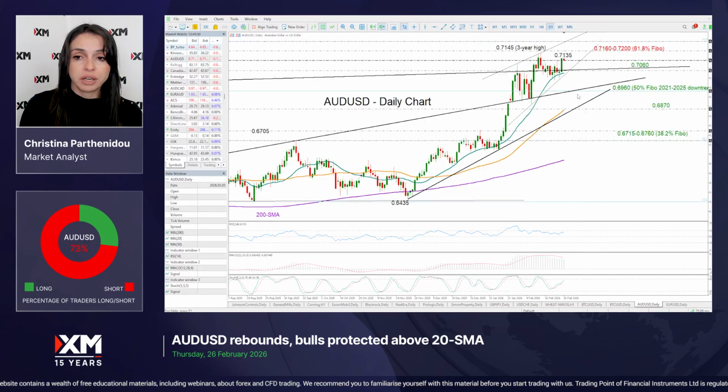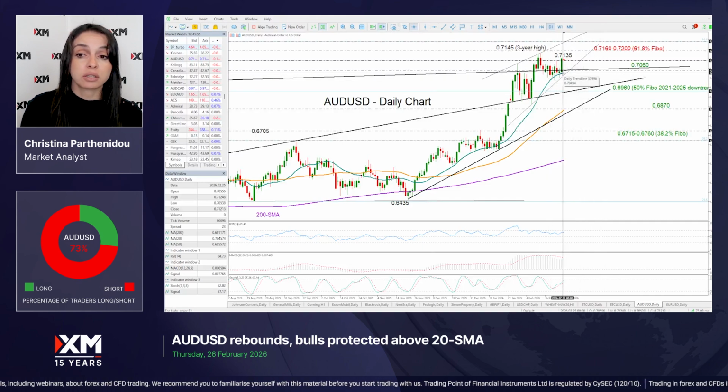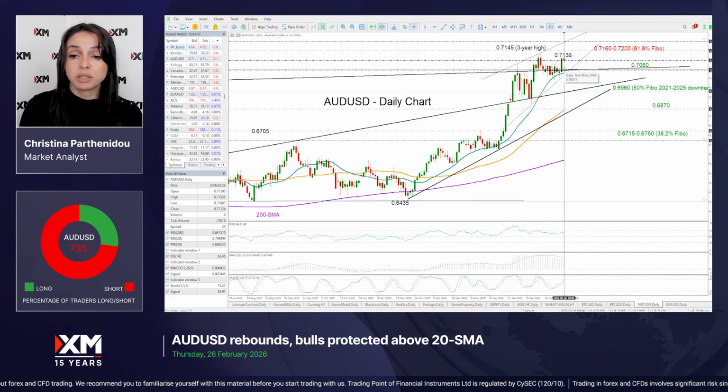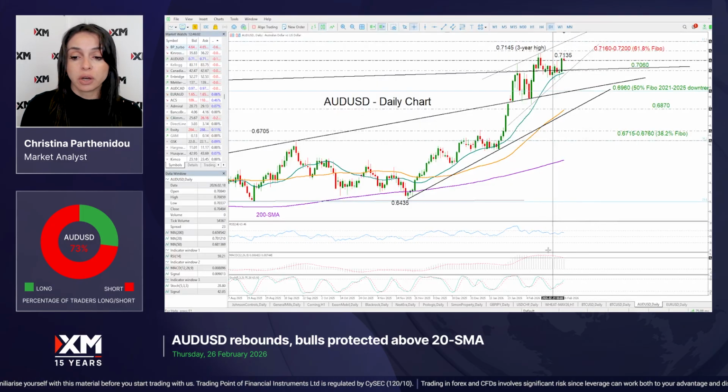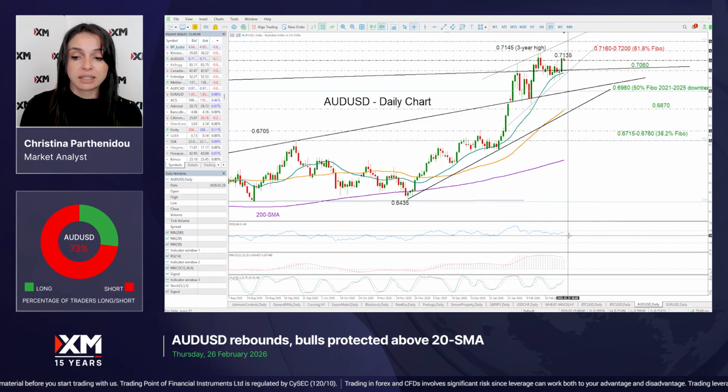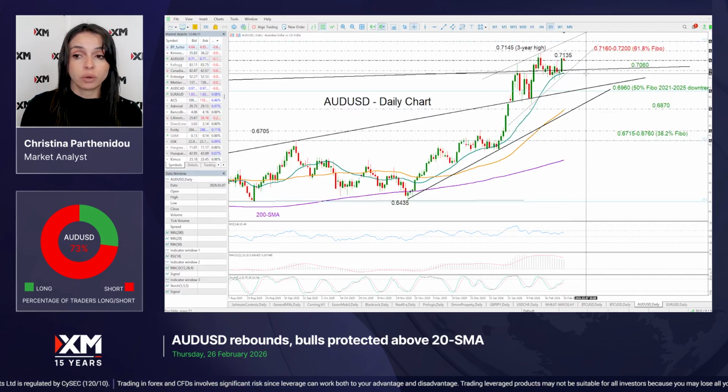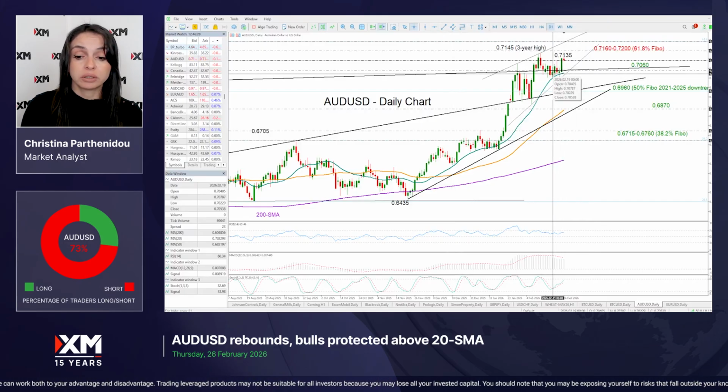The question here is whether this rebound is a sign that the price may resume its upward trajectory. The technical indicators down here are not really optimistic. We can see some weakness in the technical indicators, but optimism could remain in place as long as we hold above the 0.7060 region and above the 20-day moving average, which has been a key support level over the past week.